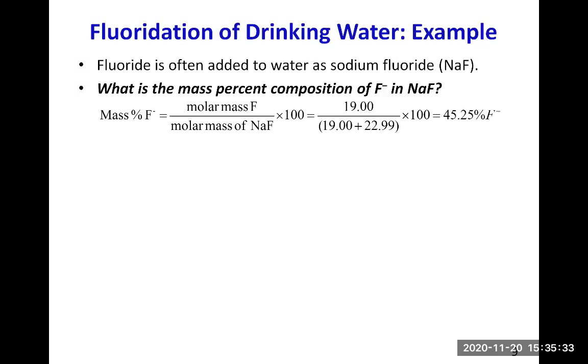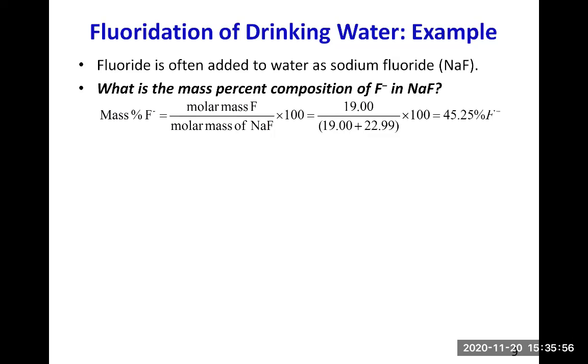The molar mass of NaF is 19 plus 22.99, and all of this multiplied by 100. And if you do that in your calculator, you get a mass percent composition of fluorine in NaF of 45.25%.